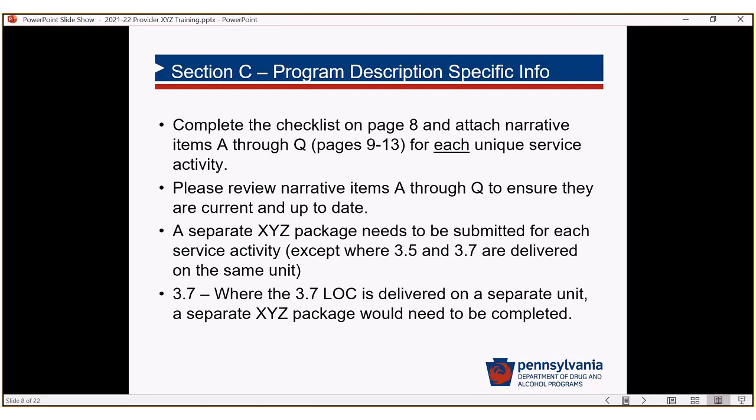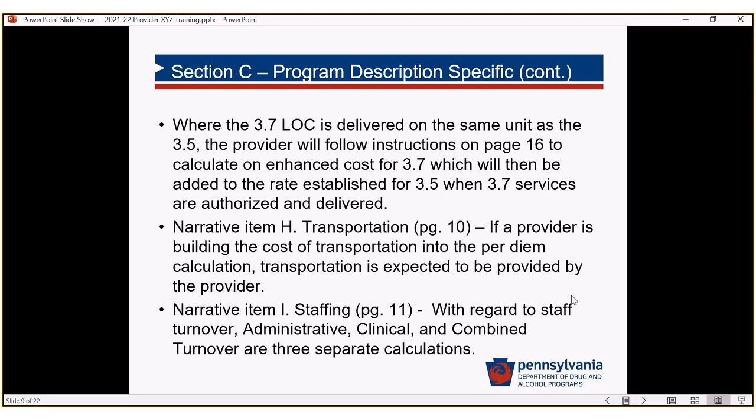The only exception is where the 3.7 and the 3.5 are delivered on the same unit. So if we have a rehab where they're delivering 3.5 and 3.7 on the same unit, this is how we're going to take care of the rate.